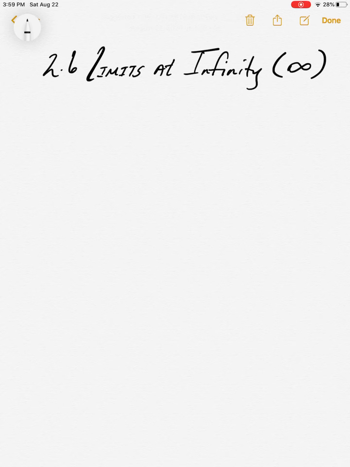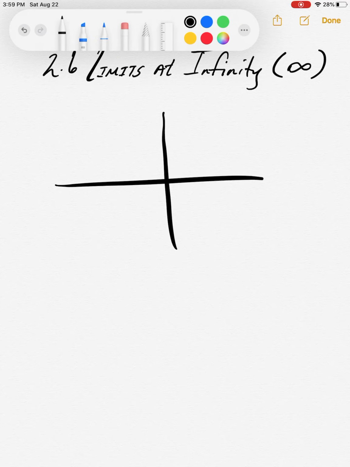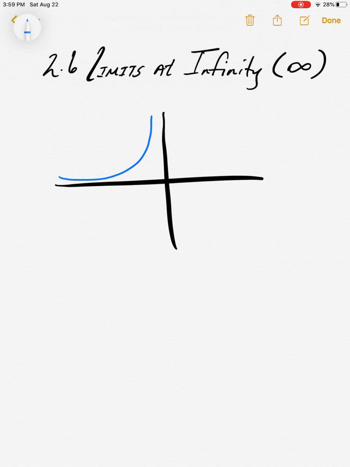Let's toss up a handy dandy graph. Let's go ahead and toss up this quick little Cartesian plane, and let's say we have our famous reciprocal function.